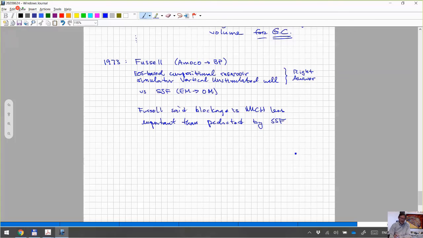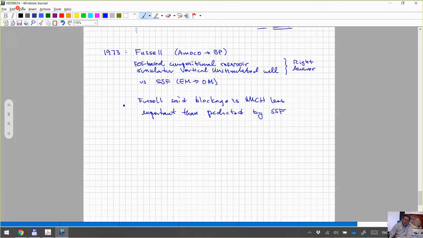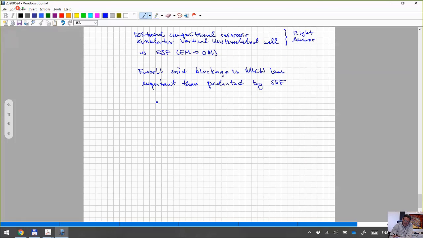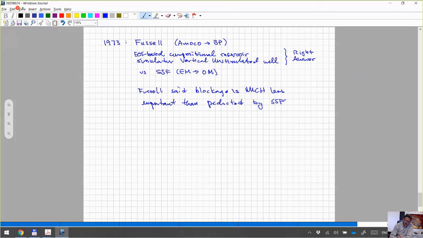So the steady state flow theory that was used by Odell, Miller and Eilertz gave a lot more blockage effect than he saw in the simulator for the same data. But he didn't really explain why. Okay. So this was the state of the industry.